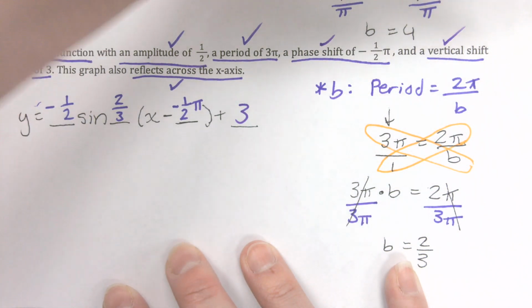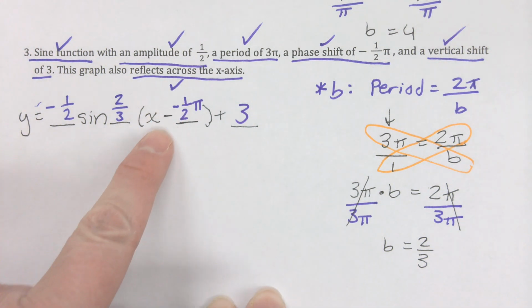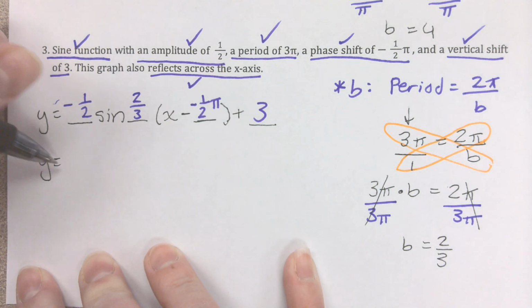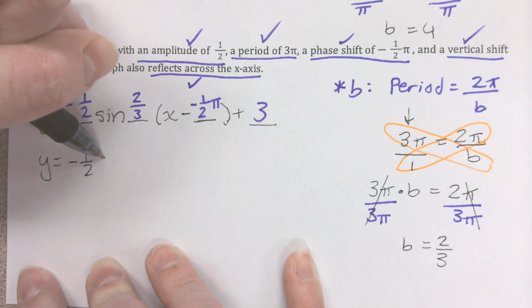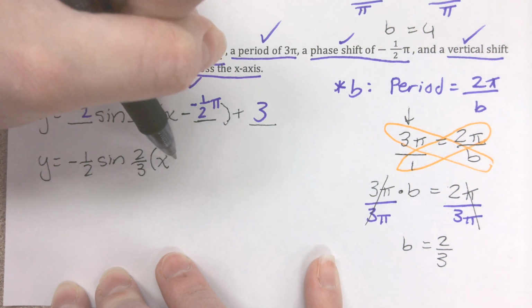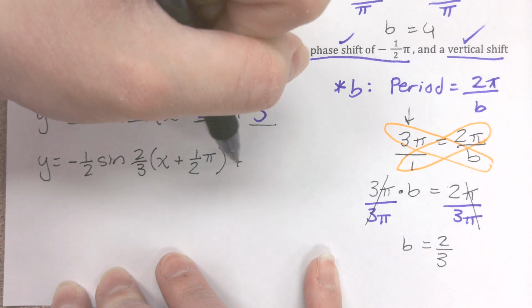So I got phase shift, vertical shift, and I already accounted for the reflection. The only reason I'm going to rewrite this is because, again, of that negative minus there. Need to get rid of that, or minus negative. Y equals negative 1/2 sine of 2/3 x plus 1/2 pi plus 3.